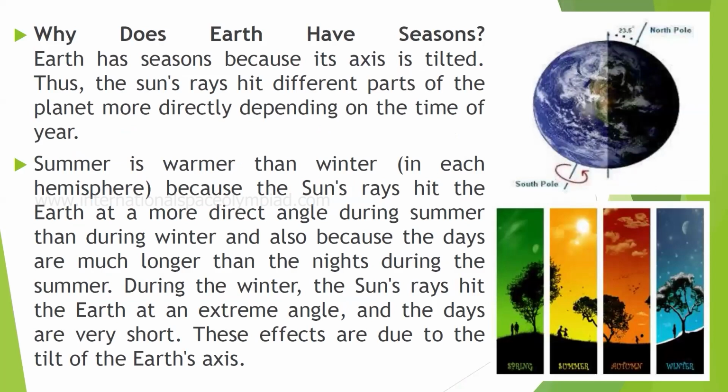And there is this important question. Why does Earth have seasons? Earth has seasons because its axis is tilted. Thus, the Sun's rays hit different parts of the planet more directly depending on the time of the year. See, look at this figure. Here, the southern hemisphere is facing the Sun.